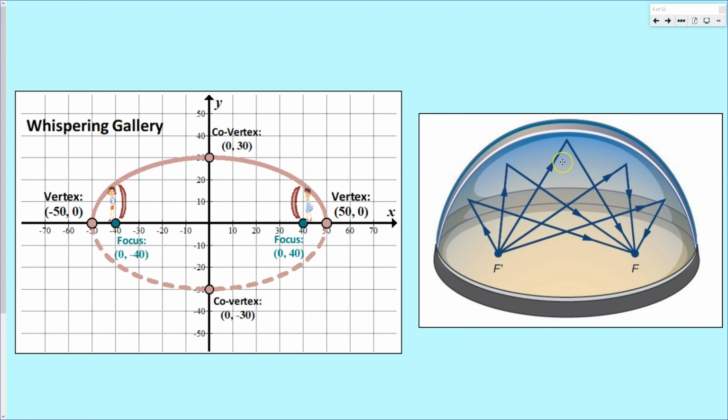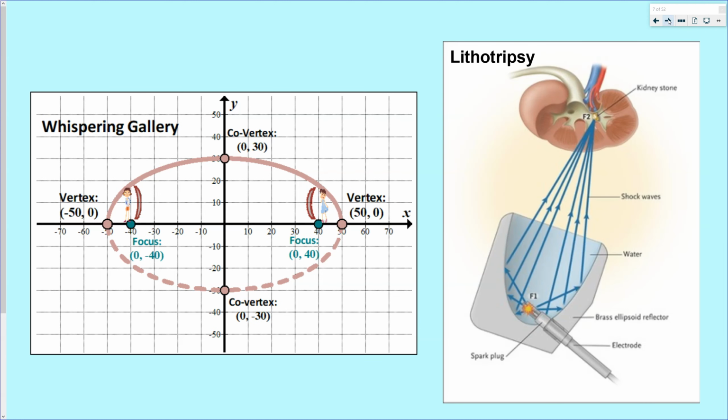If it's a well-constructed building, the sound will basically just reflect off the walls and you'll be able to hear it over there. Another application of an ellipse in the medical field is lithotripsy, where they shoot a beam of something, but they focus that beam on any particular thing inside of a human body that they want to destroy. I'm sure they can do this with chemo too, but basically you create a source of whatever radiation you want to shoot at whatever object.